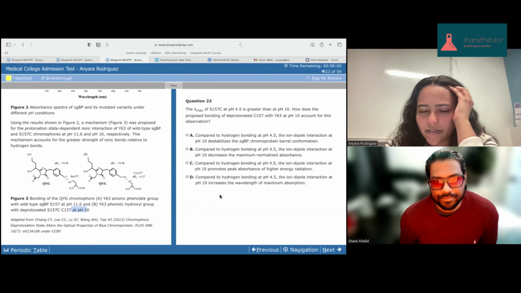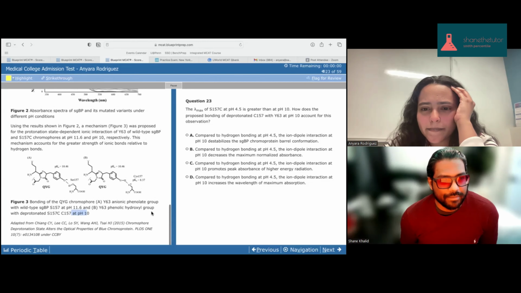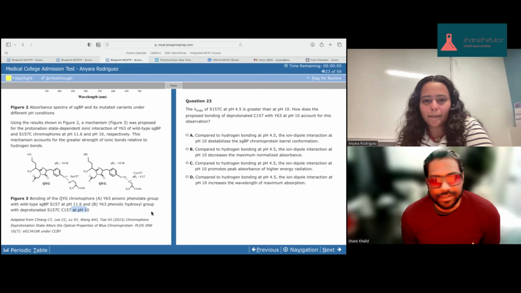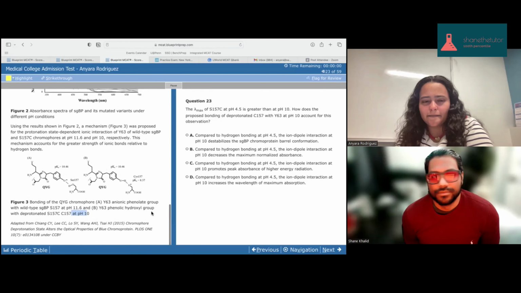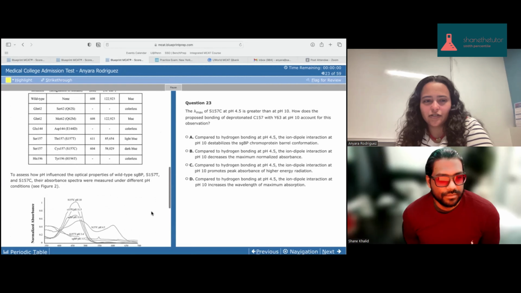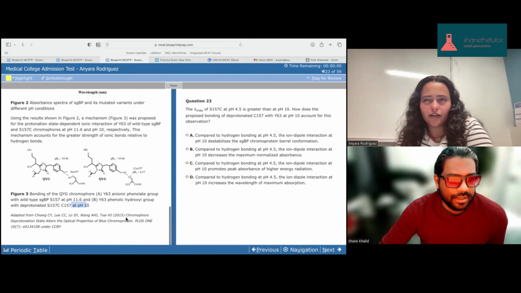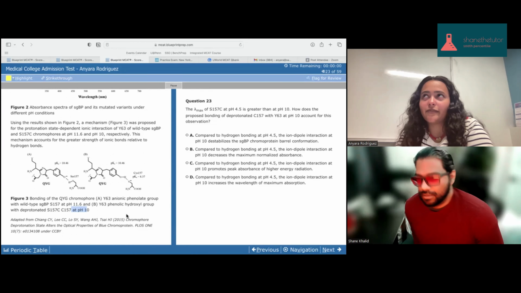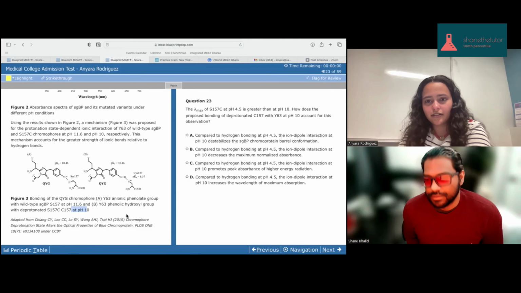So if the wavelength max increases, what does that say about the energy? On the passage. Just in general. Usually it's more energy. Wait, wavelength max, less energy emitted. Yep.